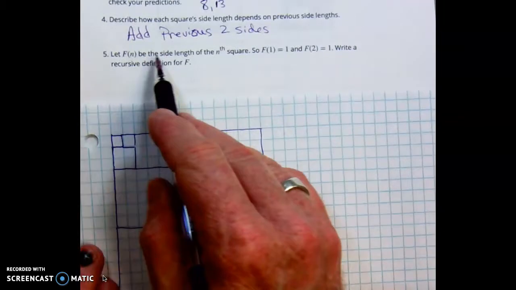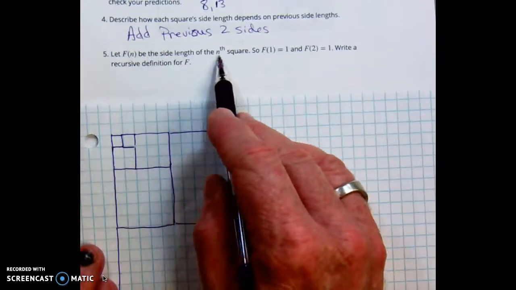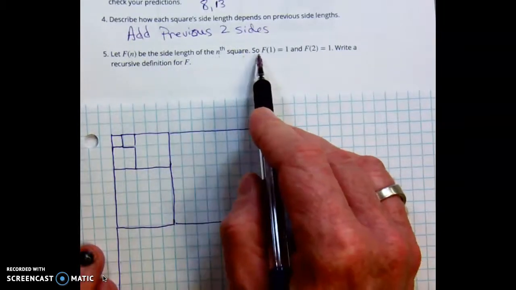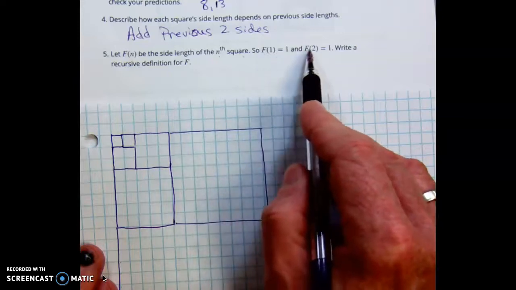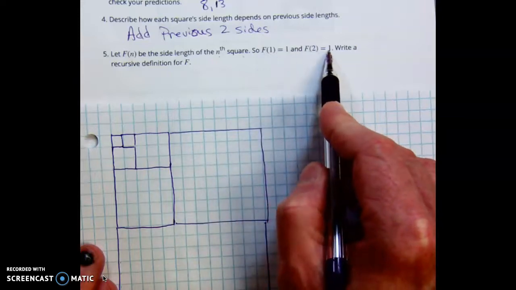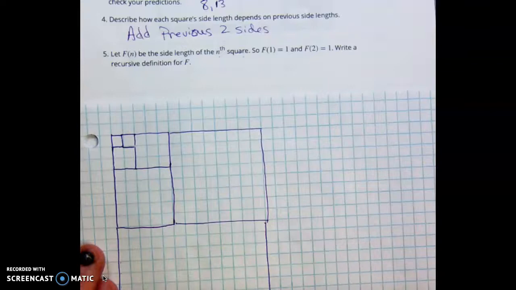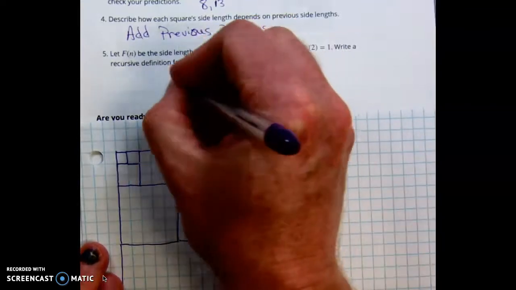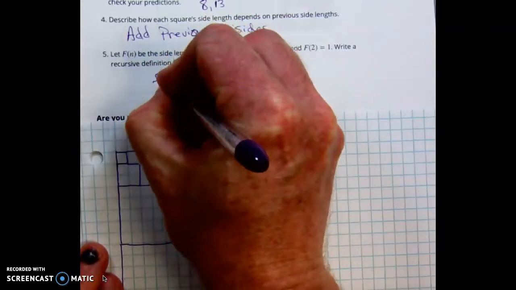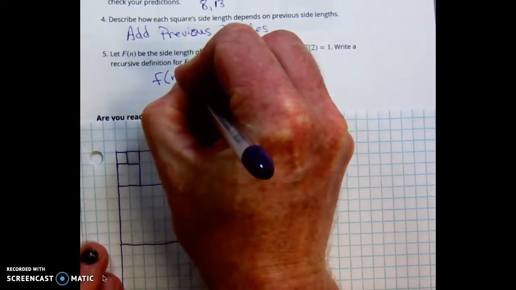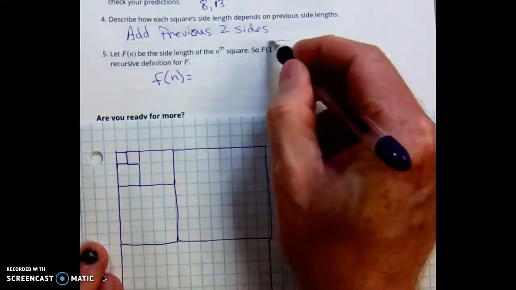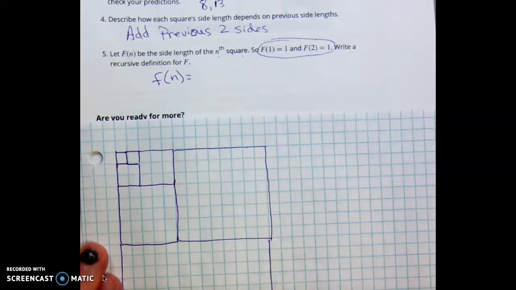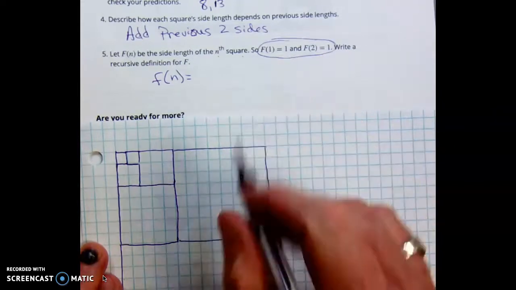Let f of n be the side length of the nth square so that f of 1 equals 1 and f of 2 equals 1. Write a recursive definition for f. So we're going to say f of n equals, so they've already defined the first two for us. So we just add the previous two.